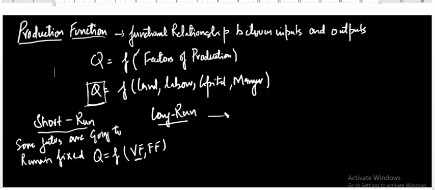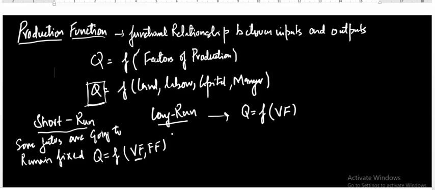Now the long run is a time period in which it gives enough time for a firm to change the output. In this sense, the output or the quantity of the output will become the function of only the variable factor, where all the factors of the production in the long run can be changed in whatever scale we want to change them.